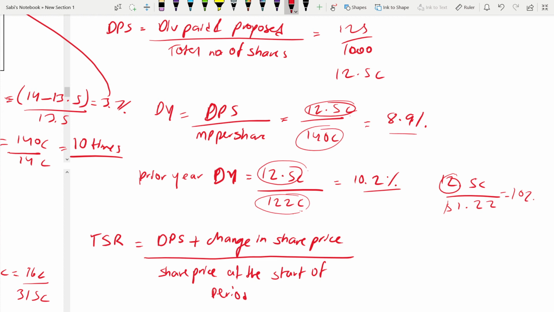so dividend per share 12.5 cents, right? Plus change in share price. So from the share price, don't take it in terms of negative. Okay, that means 122 minus 140, then the number becomes different. Just take the higher minus the lower amount. Divided by share price, which is the old share price 122.